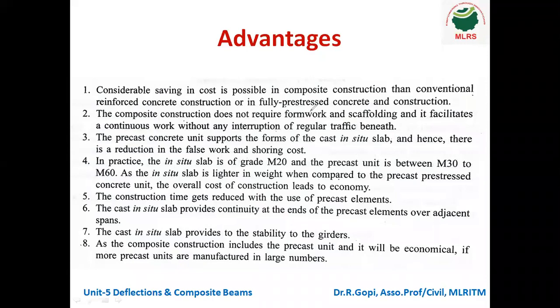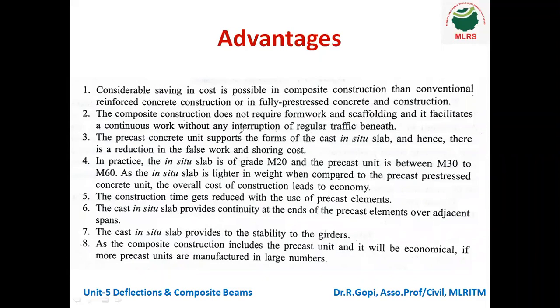First we cast the prestressed member, lifted it, and placed it on the piers. Above that we place the cast in situ concrete, so the work can also be carried out faster.